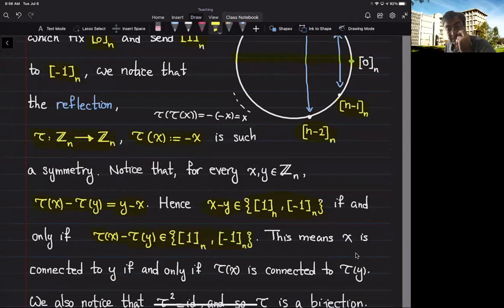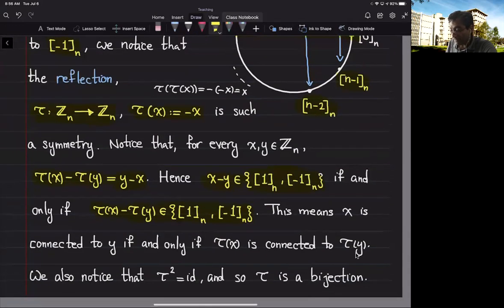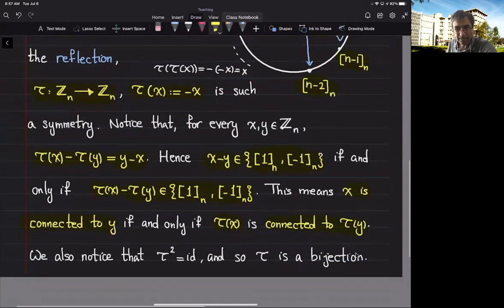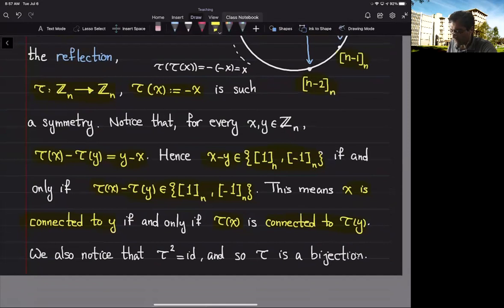And being inside this set means x is connected to y, and therefore we deduce x is connected to y if and only if tau of x is connected to tau of y. That means tau is a symmetry of this. Again, here I pointed out that tau squared is identity, and therefore tau is a bijection.